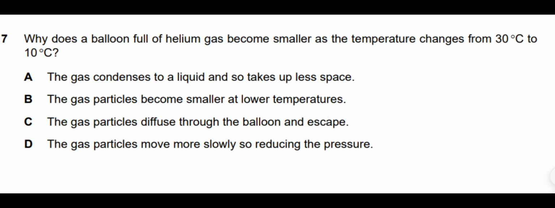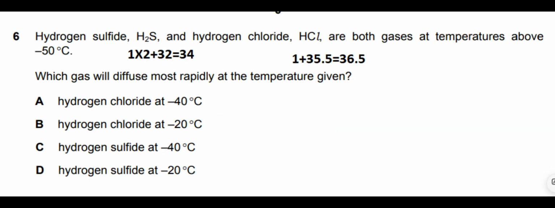So alpha cannot be the correct option and delta is the correct option because decreasing the temperature will decrease the kinetic energy, which in return decreases the number of collisions with the wall of the balloon, and helium gas now occupies less space.